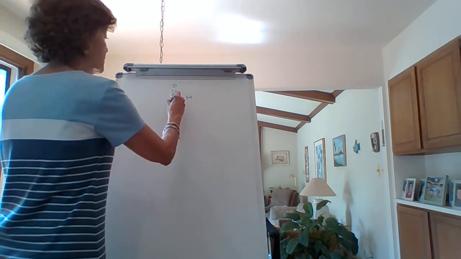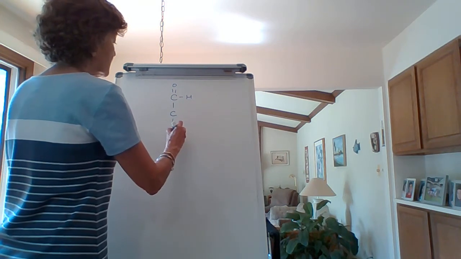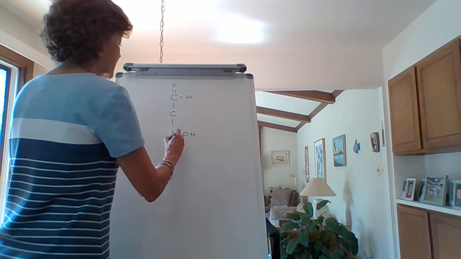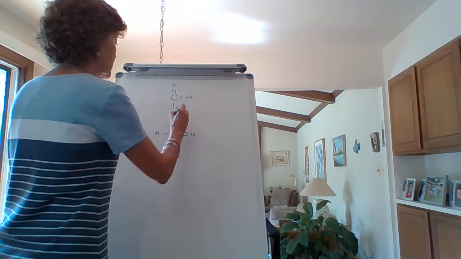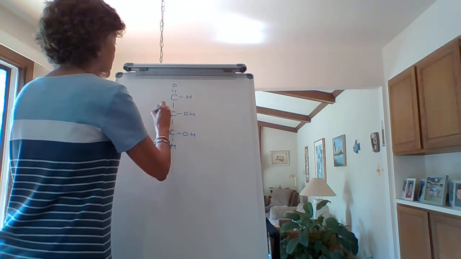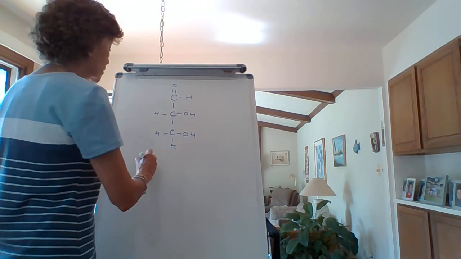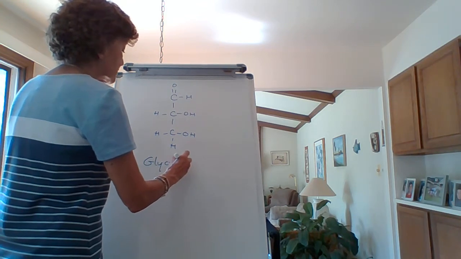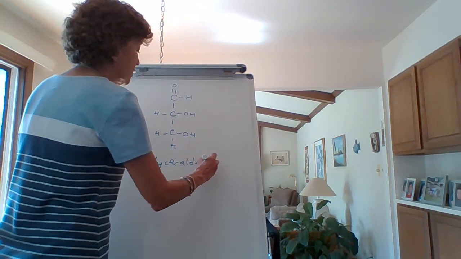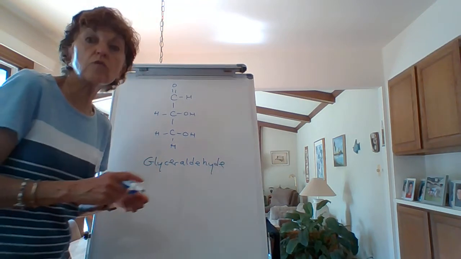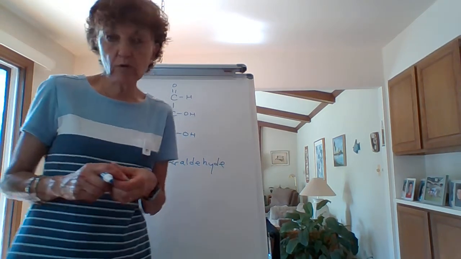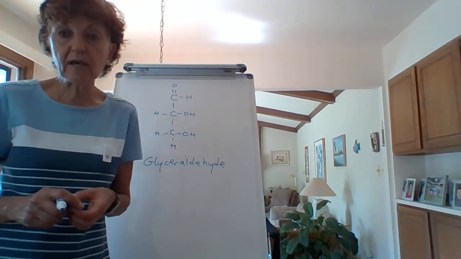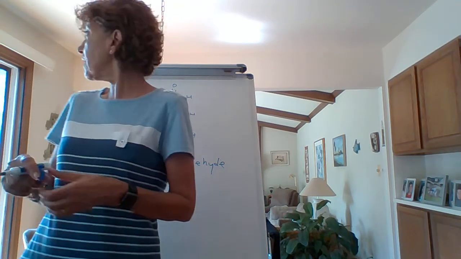So I'm just going to draw it out like this, and I'll explain what I'm doing in a second here. This is called glyceraldehyde. We are going to start using common names in biochemistry. We're not going to be using IUPAC names anymore, just common names.